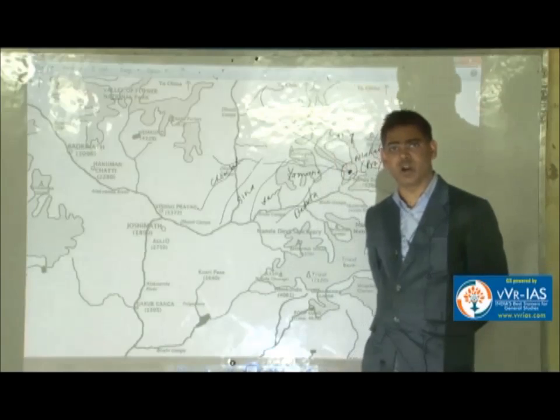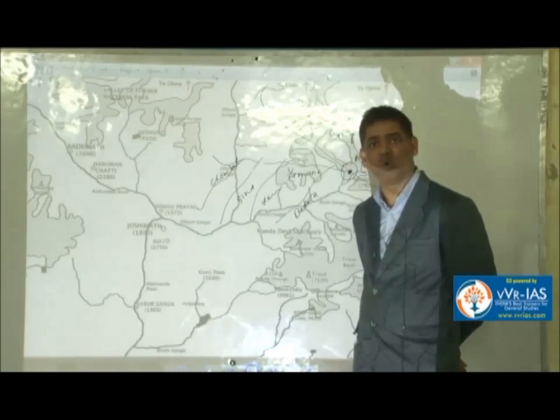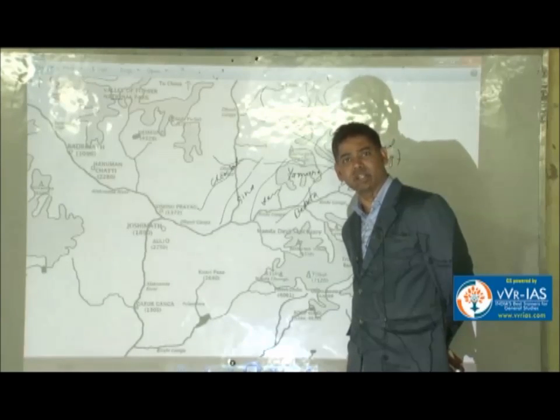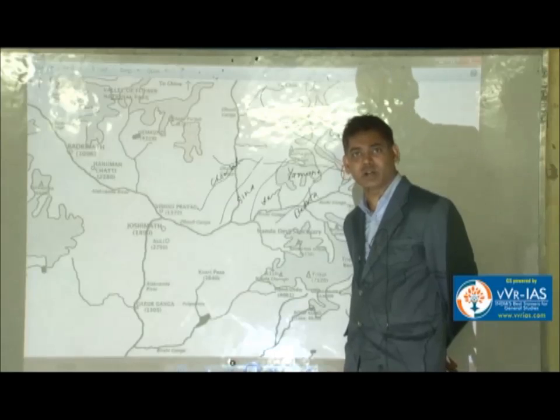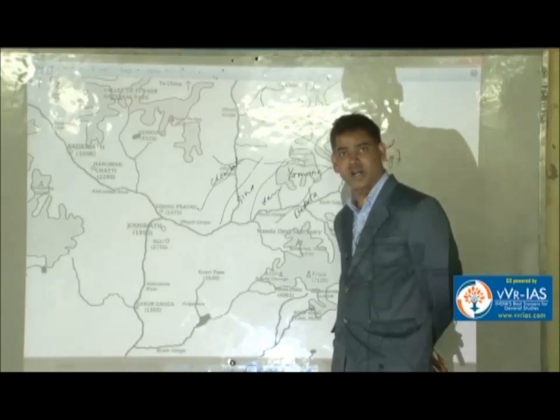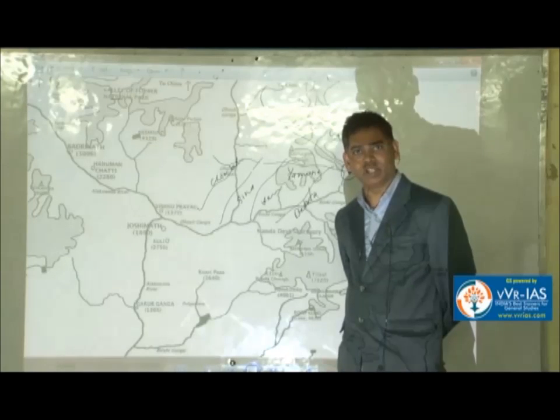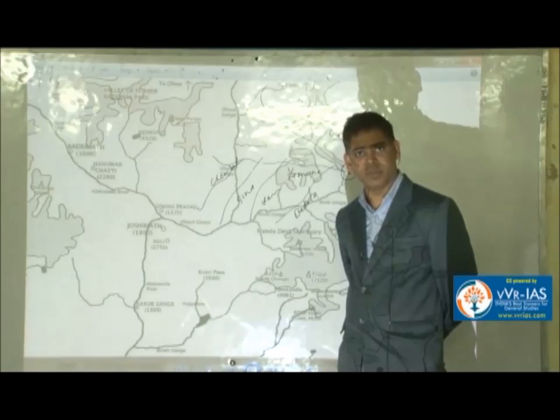After that, if you want to go further east, there is one river called Budhi Gandak. Budhi Gandak passes through the Champaran districts of Bihar, East Champaran and West Champaran. After the Budhi Gandak, further on, you will find the Bagmati river, which goes through Sitamarhi district and also Muzaffarpur district of Bihar.